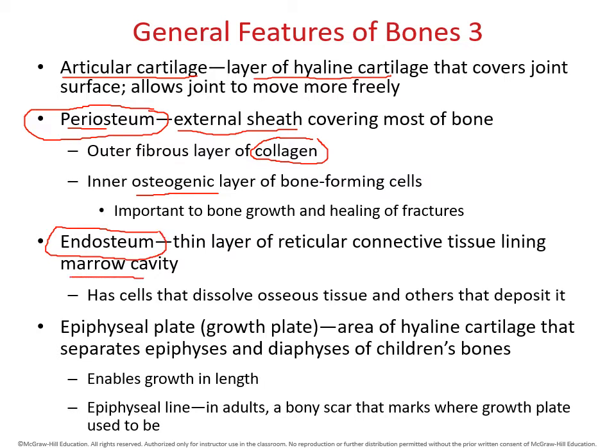It's going to be lining the medullary cavity that we find inside of the shaft. This one is mostly made out of reticular connective tissue, but either way, very similar to the periosteum, the endosteum will also have access to bone forming cells so that it can continuously monitor as well as start remodeling the bones if need be.